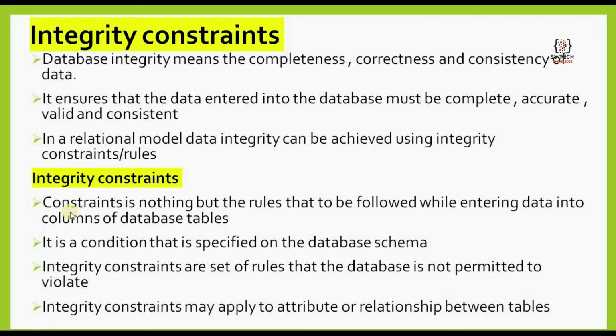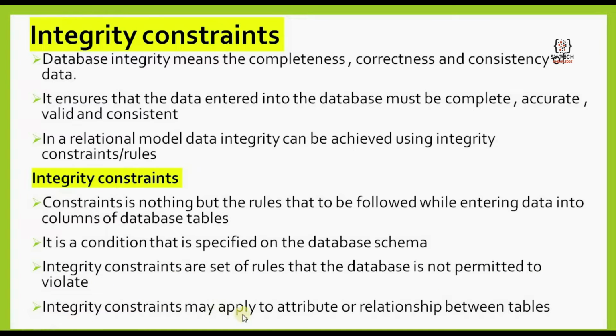Integrity constraints means constraints are nothing but the rules to be followed while entering data into columns of database tables. It is a condition that is specified on the database schema. Integrity constraints are a set of rules that the database is not permitted to violate.